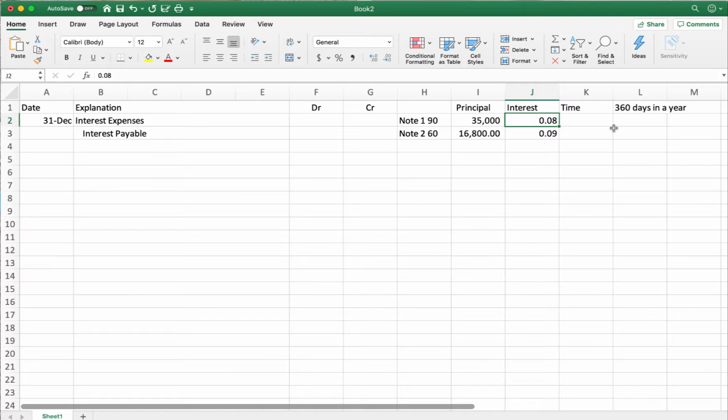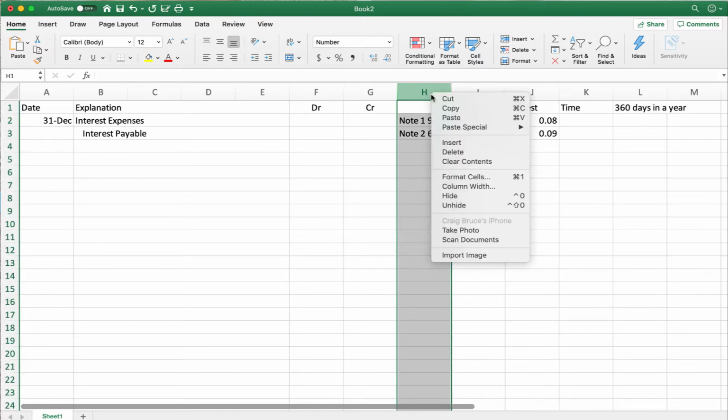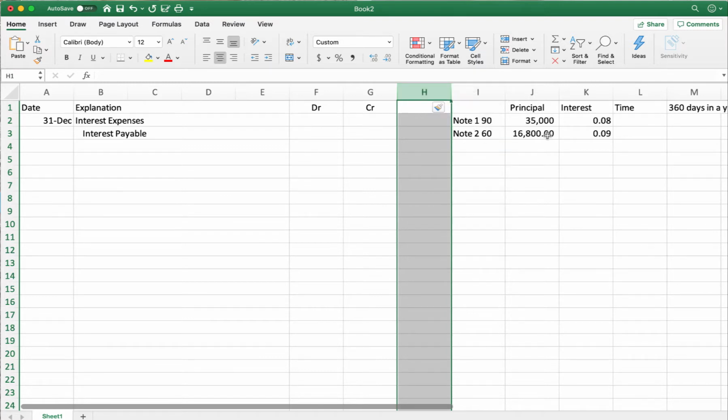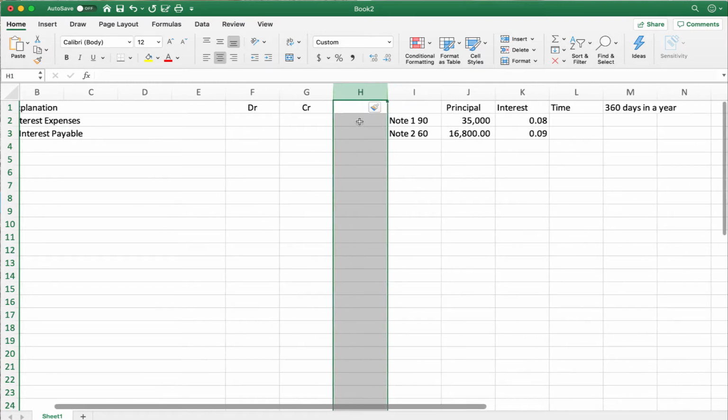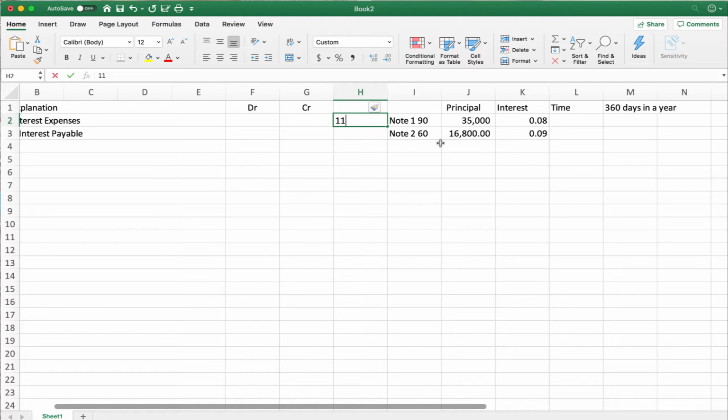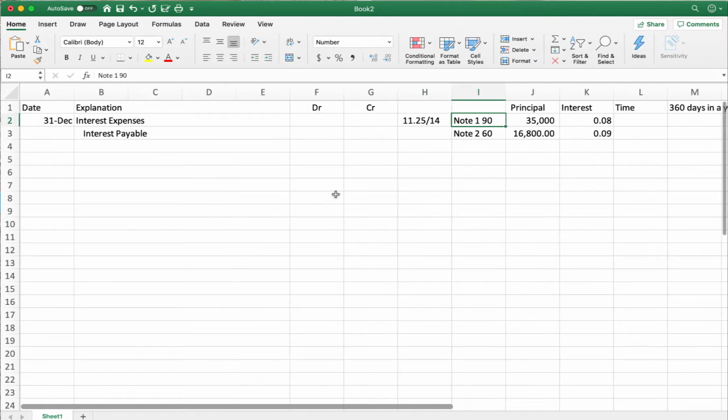Okay? So let's look at note 1. It's a 90-day note. We signed it on 11/25/14. Okay? And we are at December 31st, 2014.